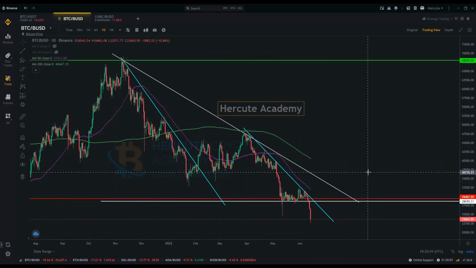Then after 2024, 2025, most probably the market will crash again until around 2026. And then 2026, 2027, probably, I don't know whether the market cycles will change, but that has been the cycle. So a pump, a dump, a pump, a dump.